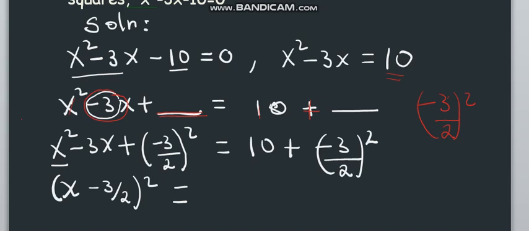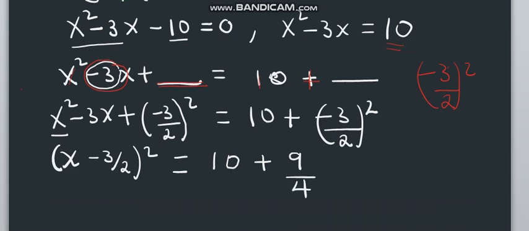Is that okay? Let me repeat. If you expand this, you have to go back here. Yes, pause the video and you first check whether it is coming out. Now this side we shall have 10 plus 9 out of 4.